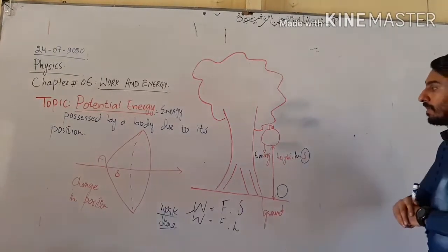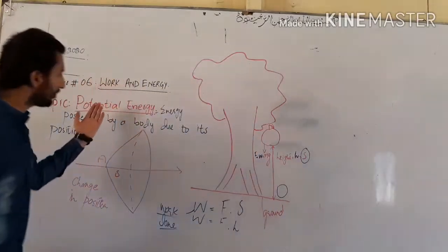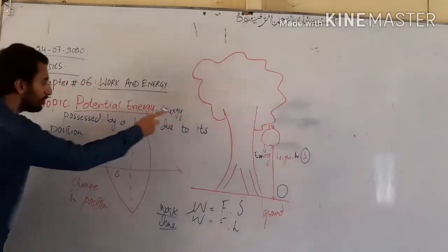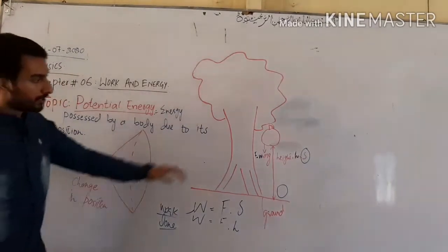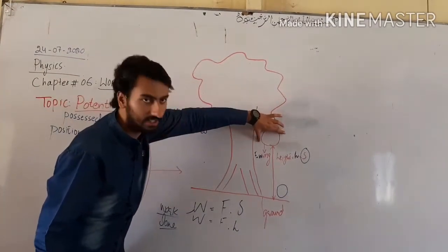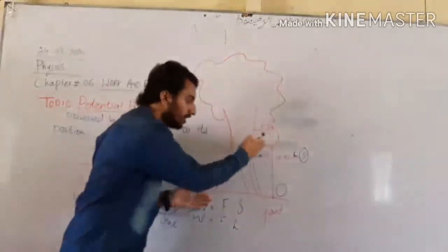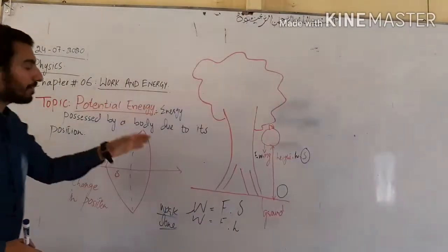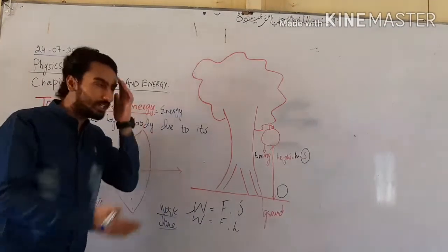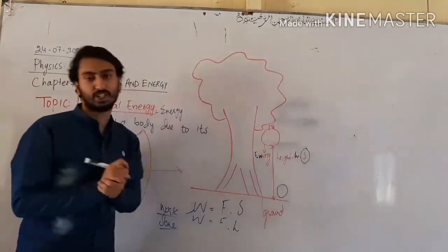So how can we explain potential energy? This is the definition of potential energy: energy possessed by a body due to its position. Due to the position of this apple, even in the state of rest, it was able to do some work. So the energy possessed by a body due to its position, due to its height, is known as potential energy.